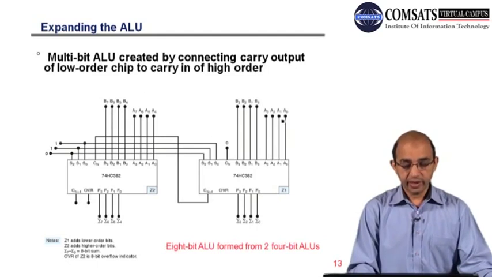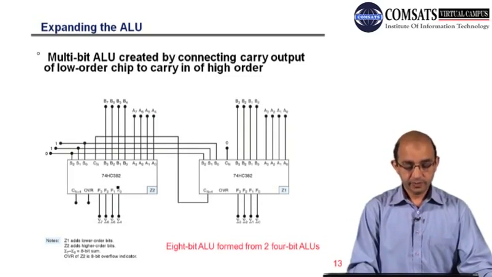Again here for A's, starting from 0 we have 8 bits. And similarly for the output we have F0, F1, F2, F3, and you can see 4, 5, 6, 7. So this is the carry, but this is the carry for the most significant bit. You can see that the carry is propagating. So this is the carry at the most significant bit, and this carry is fed over here.